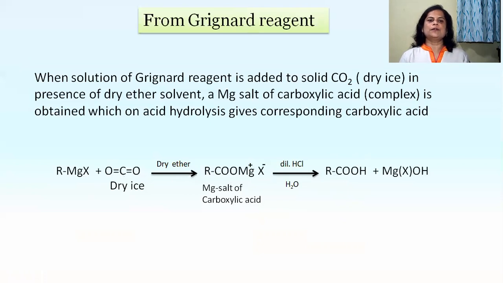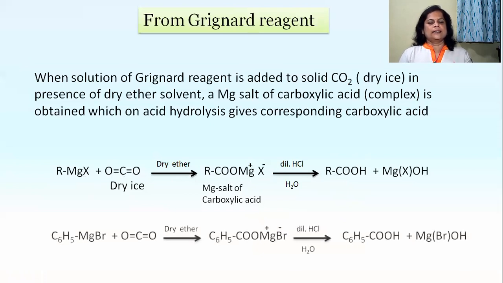See the example: C6H5MgBr, phenyl magnesium bromide, with solid carbon dioxide or dry ice forms the magnesium salt complex, and in the presence of HCl and H2O, benzoic acid, C6H5C double bond OH, is formed.